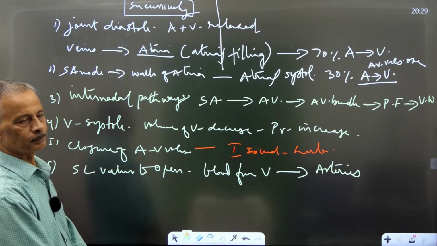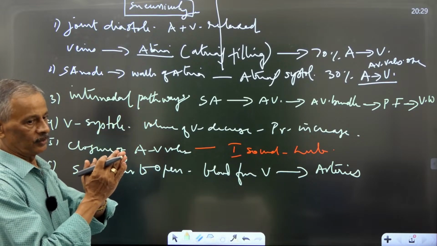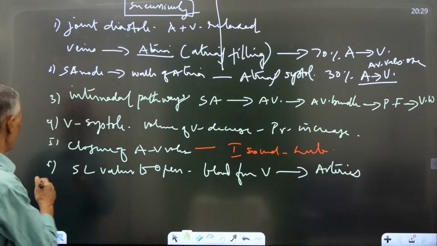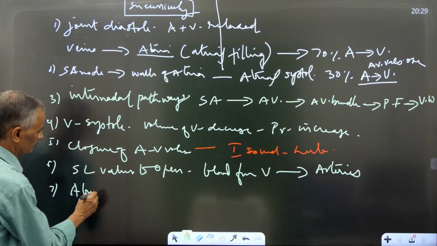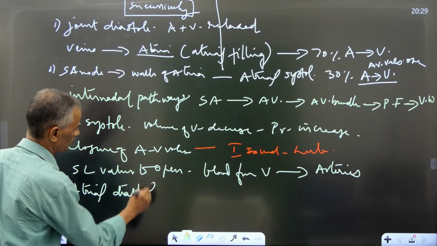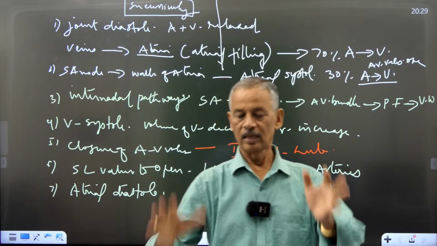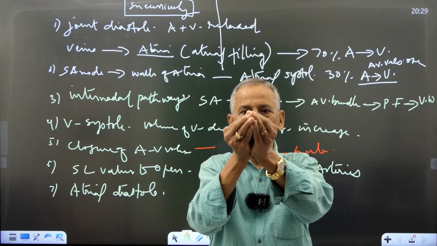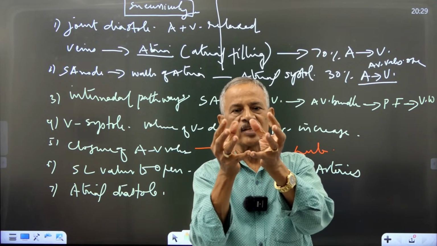Okay? When the ventricle is contracting, the atria are simultaneously relaxing. Atrial diastole. The contracted atria now become relaxed. When they are relaxing, what happens?